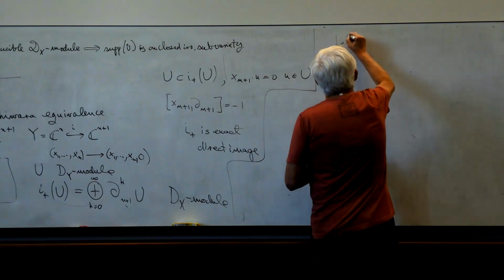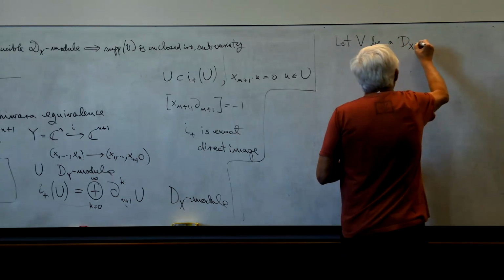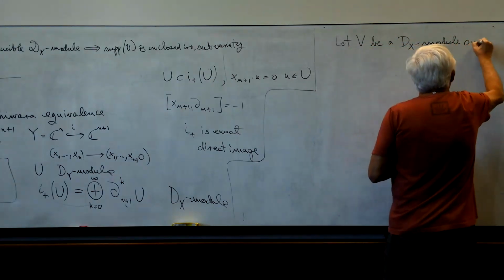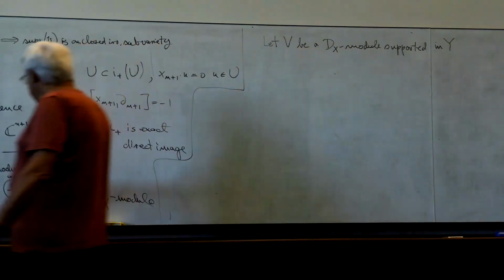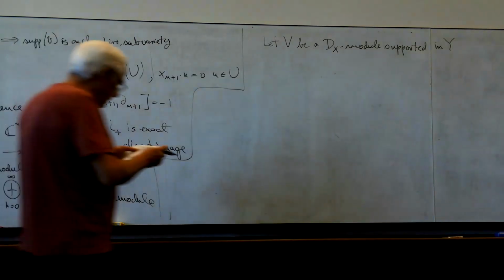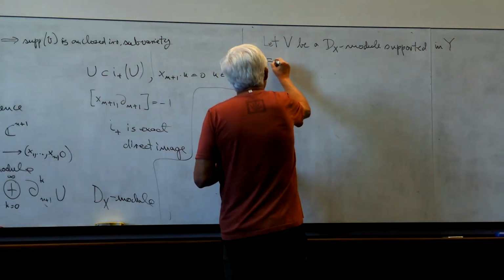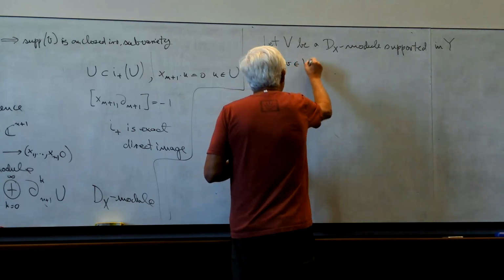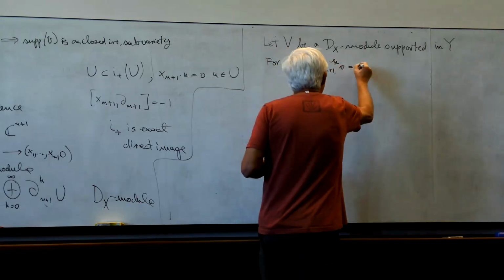So let B be a D_X module supported in Y. But because of this condition, any element of this module, if we apply a sufficiently large power of x_(n+1), it gets killed. So for any b in B, x_(n+1)^k b is 0 for k large.